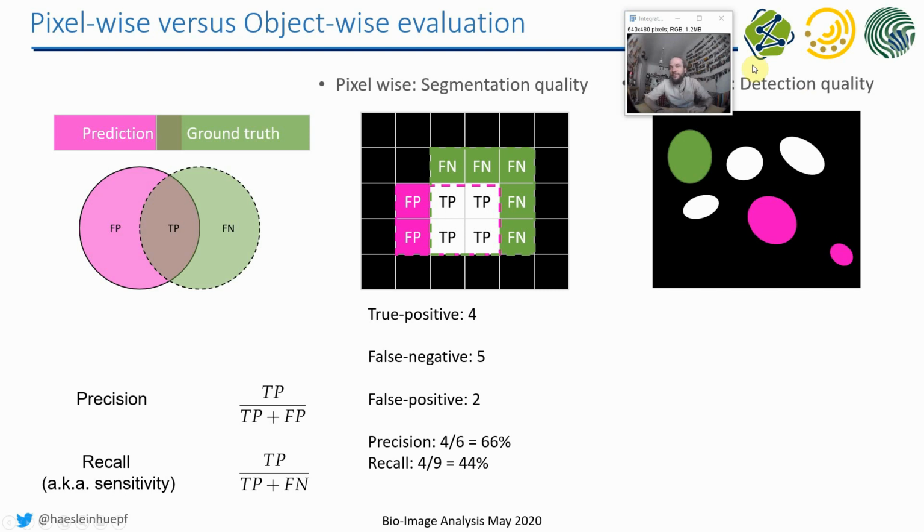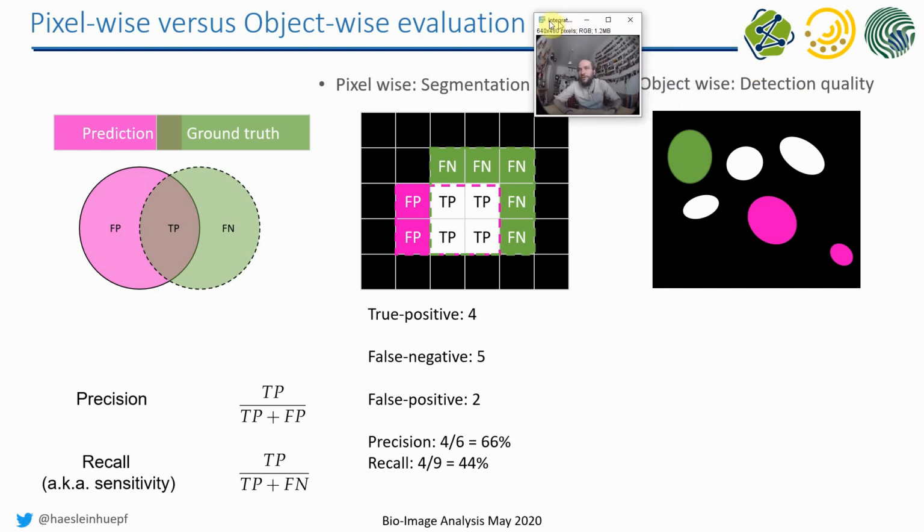If we talk not about pixels but about objects, it's not segmentation, it's actually detection. It's like finding these objects and classifying them correctly. That's why I call it here detection quality. So obviously the ground truth was a definition of these 4 objects, because the white ones are magenta and green, right?